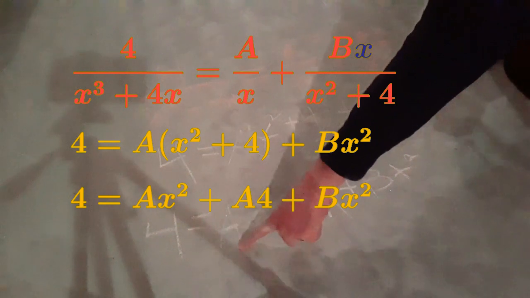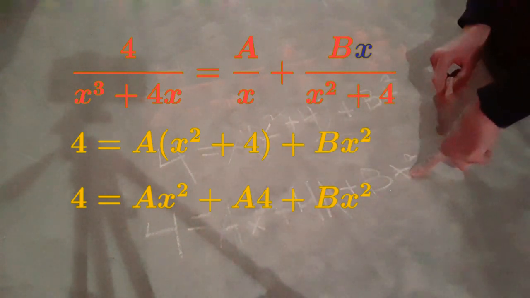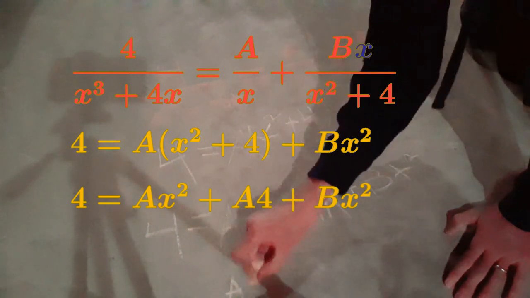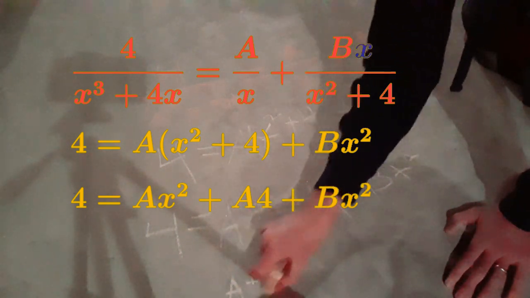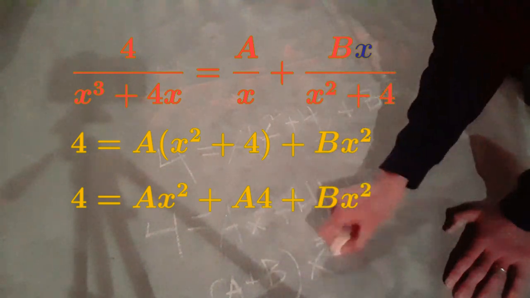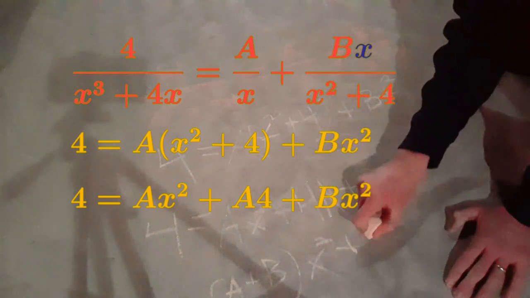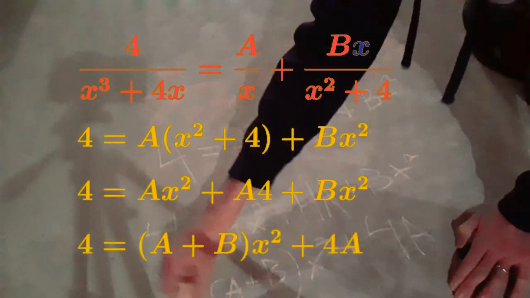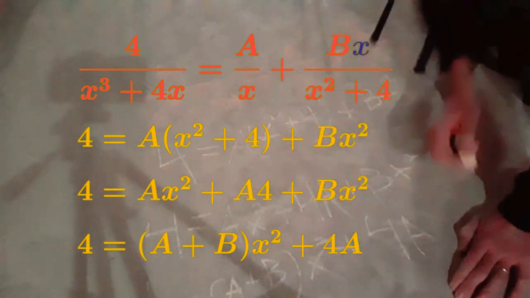So now we have the A x squared and the B x squared here. We can bring that together as A plus B in parentheses times x squared plus my 4A here. And that's still all equal to 4.